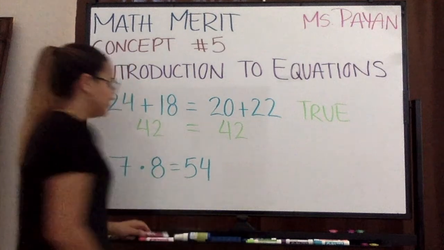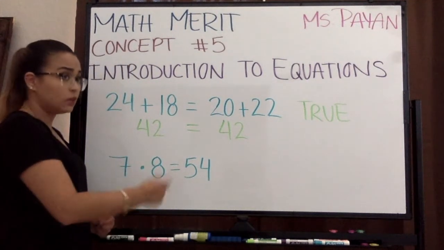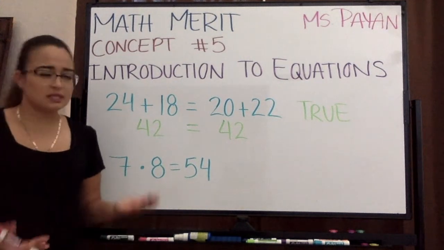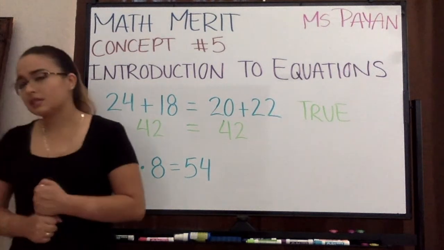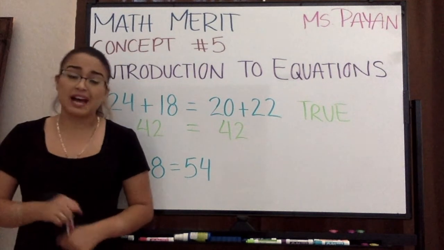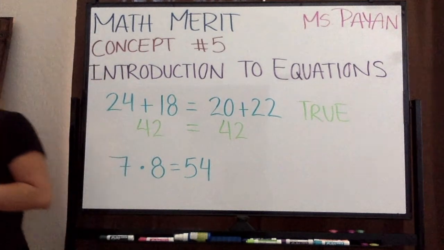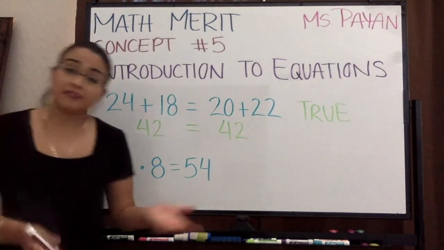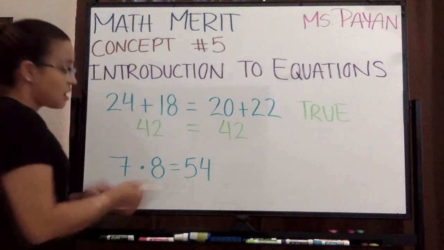Now, we have 7 times 8 equals 54. Now, that doesn't seem too right, does it? Because what does 7 times 8 actually equal? Seven times 8 actually equals 56, not 54.